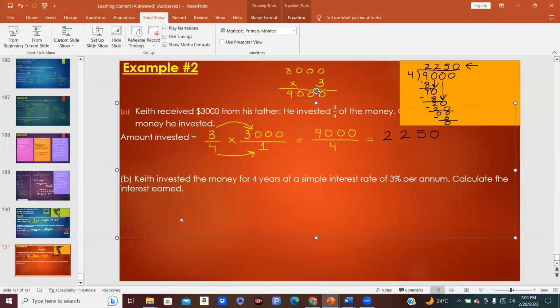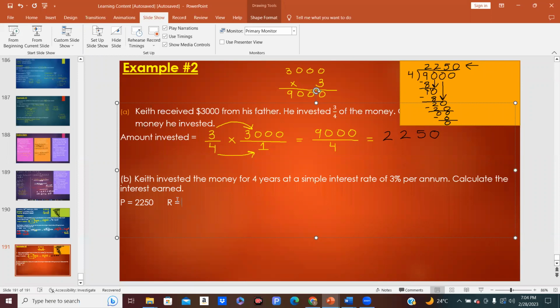All right, so in this question, what is P? $2,250. Very good. Why is 2,250 the P? Because that is the amount invested. What is R? 3%.